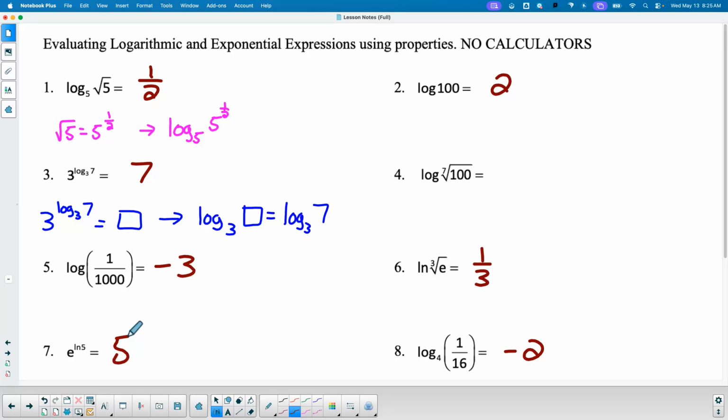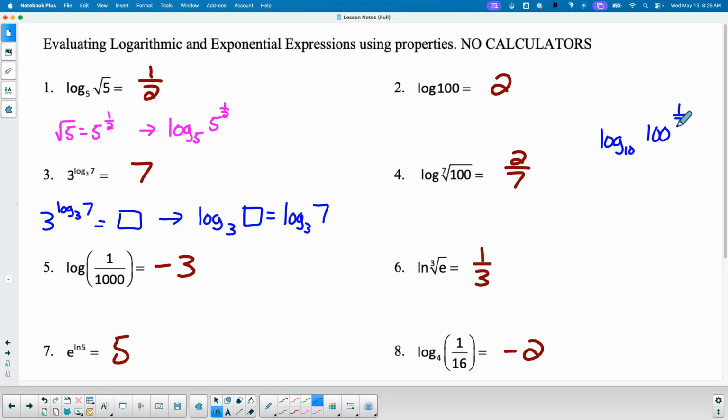So all we got left is 4. 4 is 2/7. Yep. Because what's my base? My base is 10. So this would be log base 10 of 100 to the 1/7 power. 100 is 10 to what power?